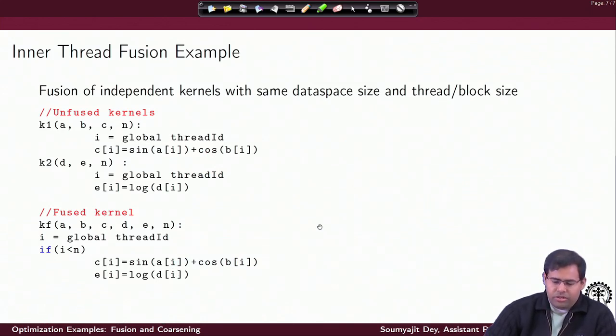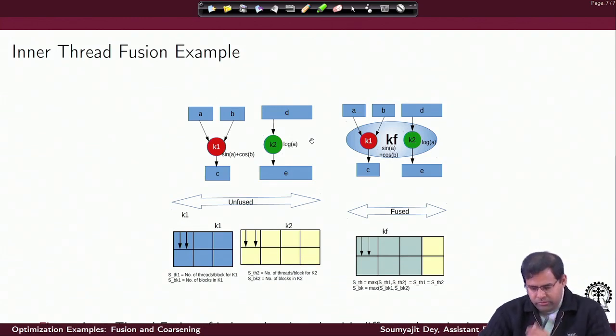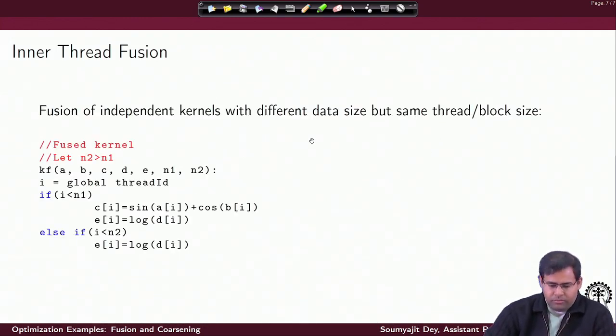Now consider a situation where we have a different data space size, but the same threads per block size.